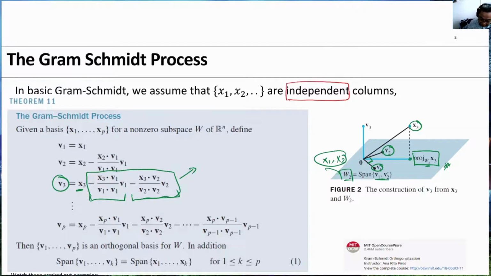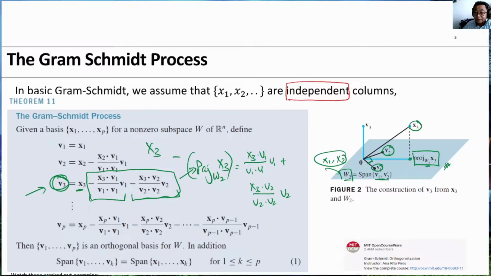So we can say that the projection of x3 onto W2 is equal to x3 dot V1 over V1 dot V1, times V1, plus x3 dot V2 over V2 dot V2, times V2. The whole thing is actually x3 minus this to produce V3.